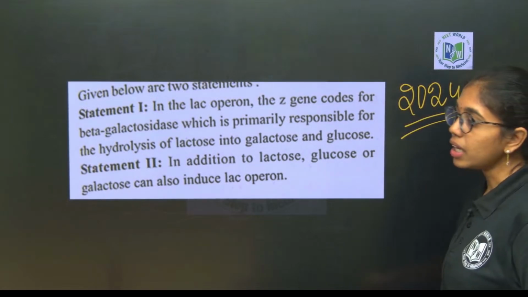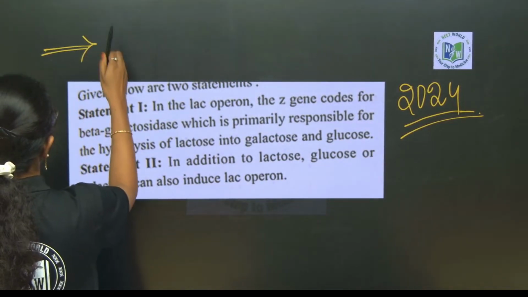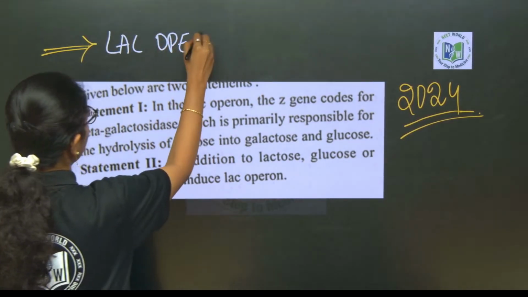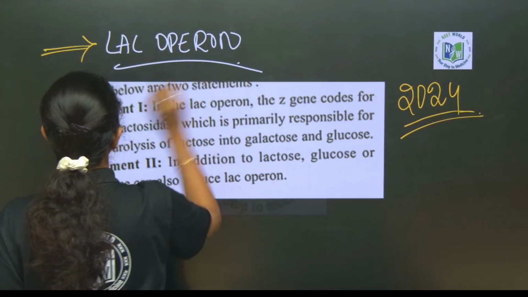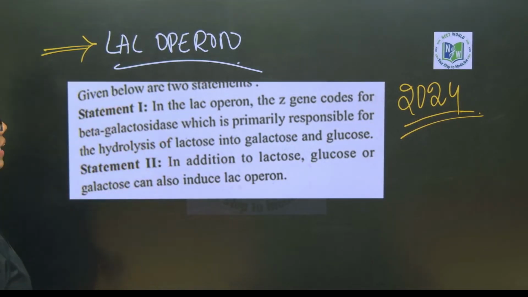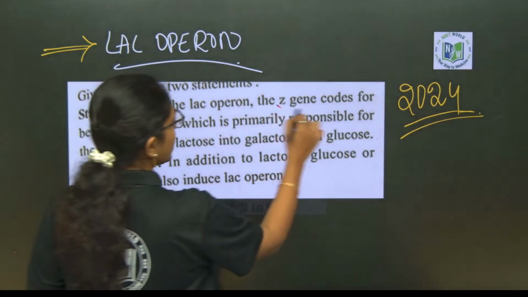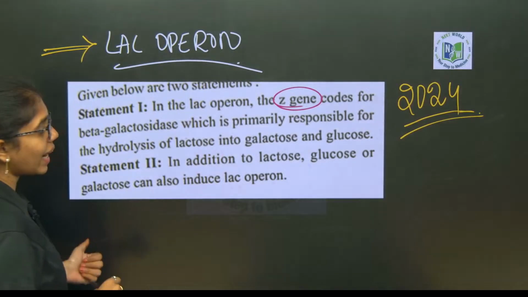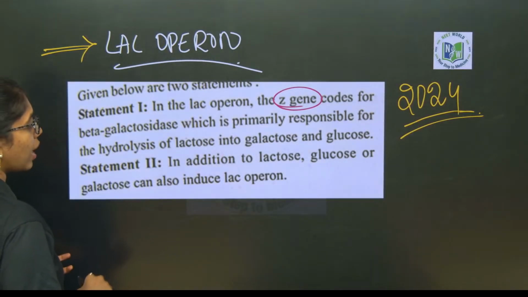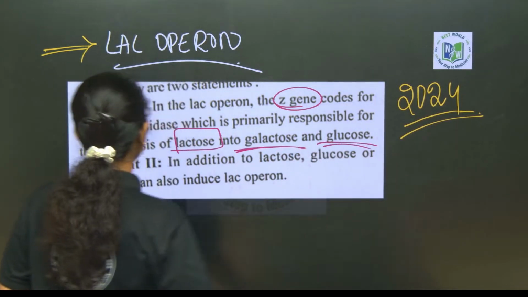Statement based again. This question is on the Lac-Operon model. Given below are two statements. Statement 1: in the Lac-Operon, Z gene codes for beta galactosidase, which is primarily responsible for hydrolysis of lactose into galactose and glucose.